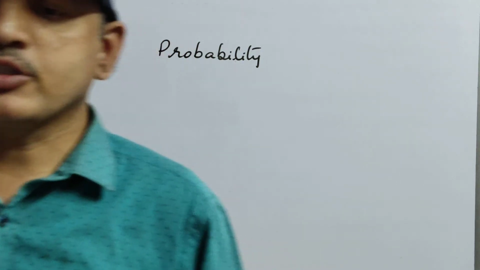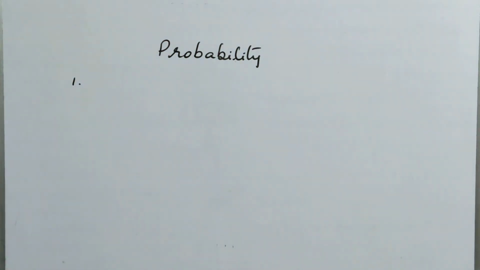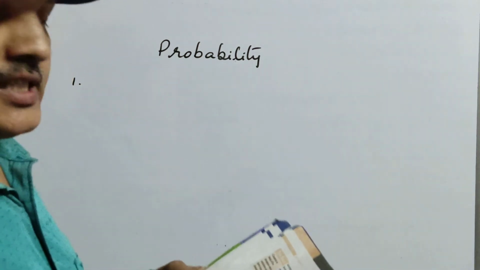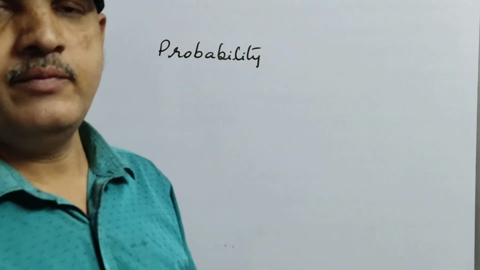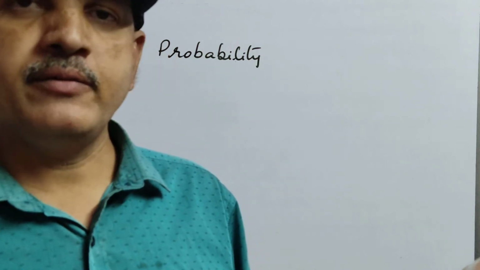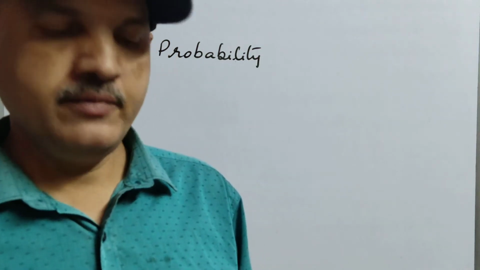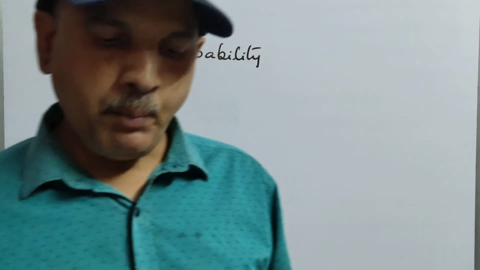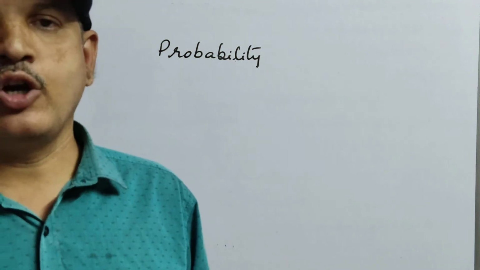Okay. But in your textbook, children, once you open your textbook, page number 76, that is exercise 3.4. Don't get confused, I only told you the examples. Now you will understand very clearly. See here, tell whether the following is certain to happen, impossible, or can happen but not certain.